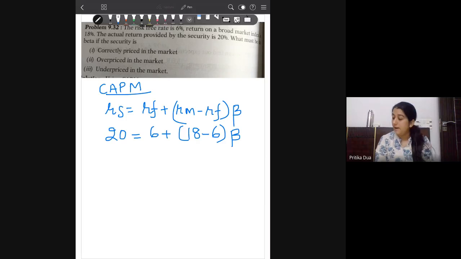What should be the value if the security is correctly priced? Solve this equation.